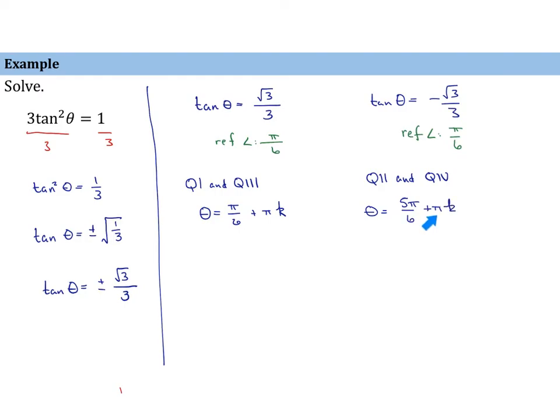And if I add 1 pi, that'll get us into the fourth quadrant. And then I add 2 pi, and it'll get us back to the second quadrant, and so on and so forth. So I cover both quadrants by using the period of this function. And so there's the two solutions, or the infinitely many solutions with the two formulas showing them.